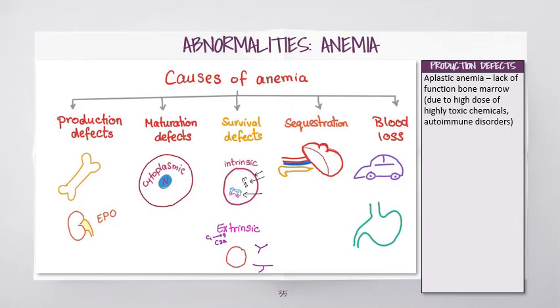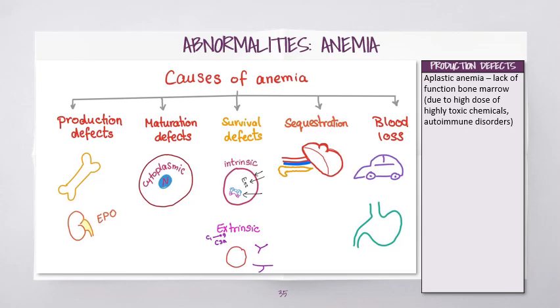So the first is production defects. Production defects means that you have a problem with either the bone marrow or, for example, the erythropoietin. One good example of a production defect that affects the bone marrow is aplastic anemia.